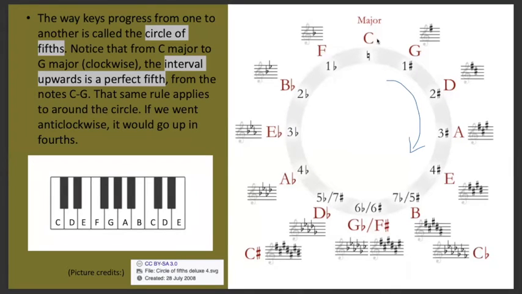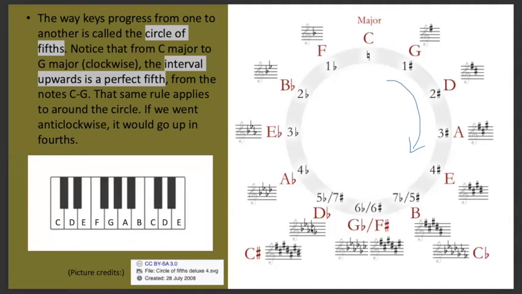So if we go clockwise, the next key is G major, which has one sharp, F sharp, which is here in the key signature. Next one is D major, two sharps, F sharp and C sharp, and etc. So with every consecutive one, we add on a sharp. Then we get to 5 sharps, 6 sharps, 7 sharps.